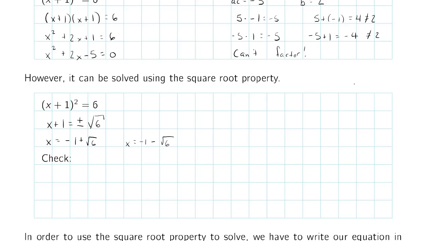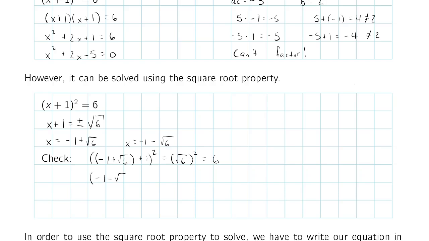Well, we can check this by plugging in, just expressed like this. Right? If we plug in negative 1 plus the square root of 6 plus 1, all squared, well, we'll have a negative 1 plus 1. Those will cancel out, and we'll be left with just the square root of 6 squared, which is 6.